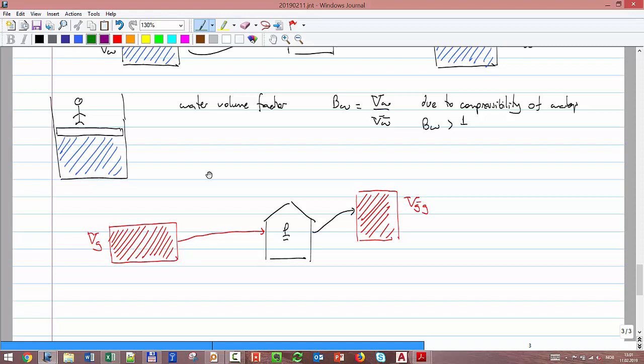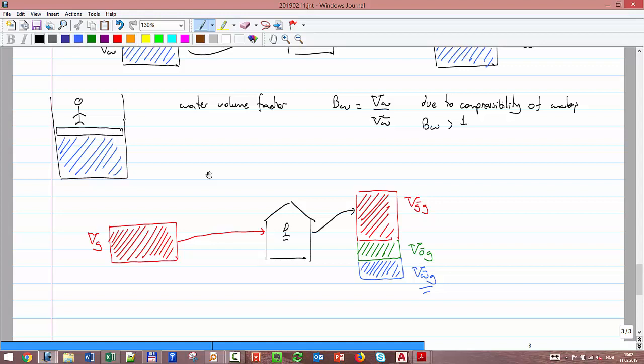Then we had volume of oil from the gas. And then we have volume of water from the gas. We can do the same. Take the gas, expand it. Now it's going to release not only oil, but also water. And that's what we are looking for in this class: how much water drops out of the gas.